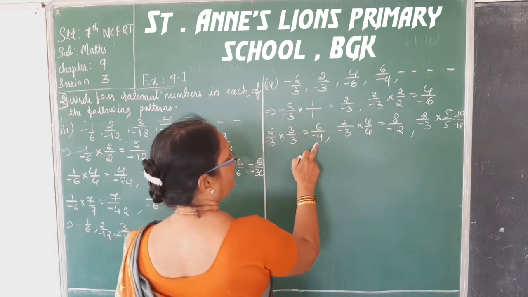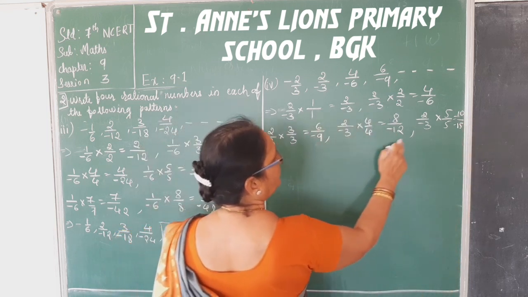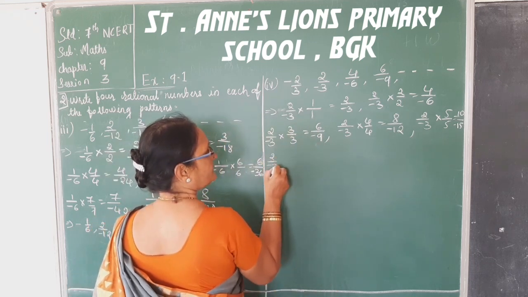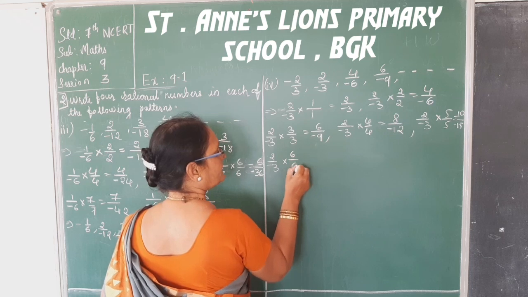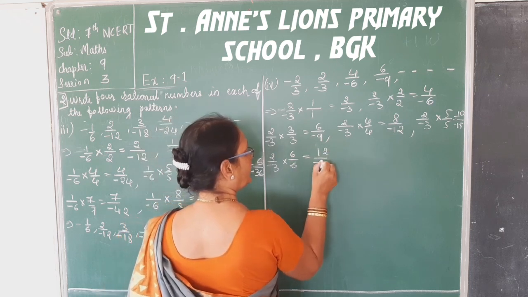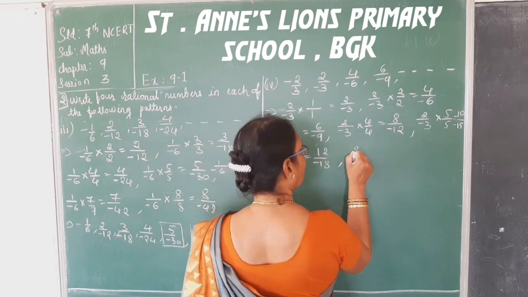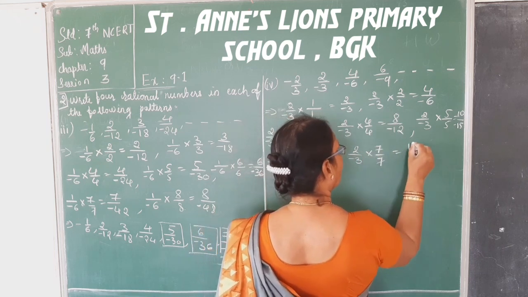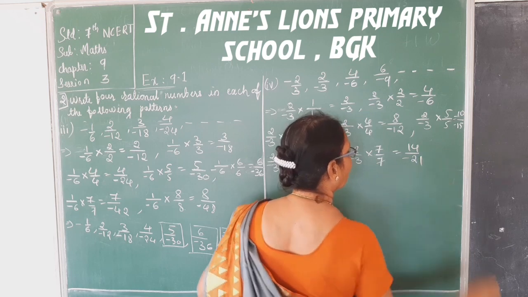See, 6 by minus 9. After that, 1 and 2 we got. Still 2 more we have to get. 2 by minus 3 into 6 by 6 is 12 by minus 18. Then 2 by minus 3 into 7 by 7 is 14 by minus 21.